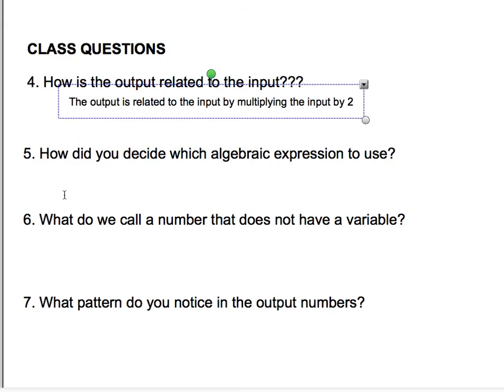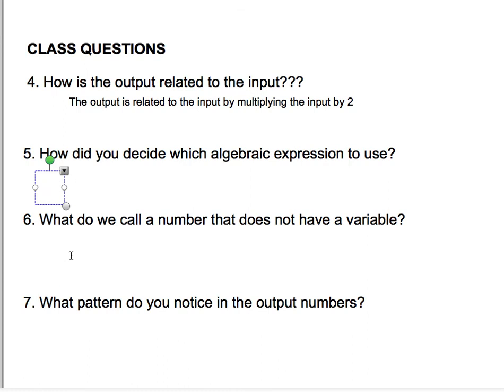How did you decide which algebraic expression to use? This was just because I allowed the class to pick their own algebraic expression. I was curious as to why they picked that one. Some students wrote, oh, because it was used in class, or I remember that it was a little bit easier. It's just an open-ended question.